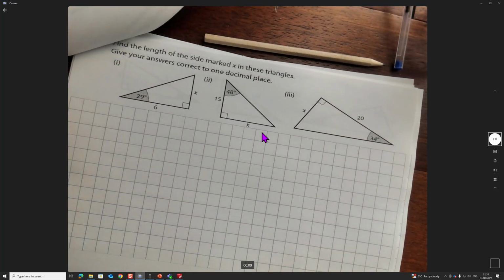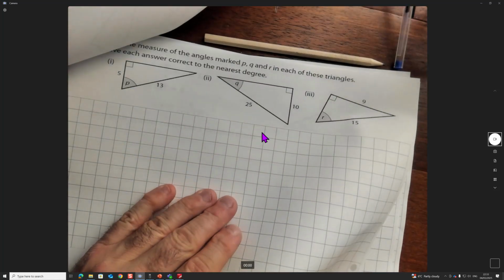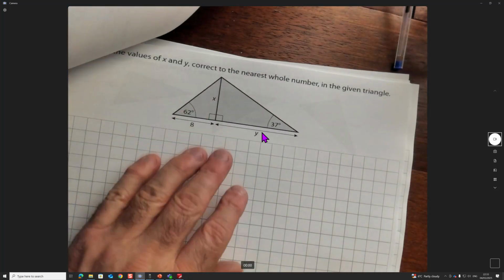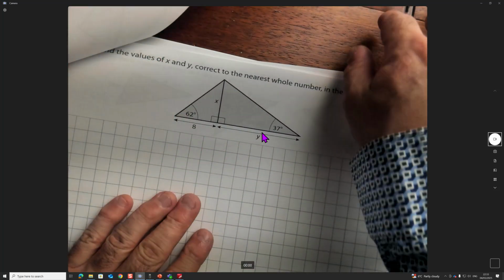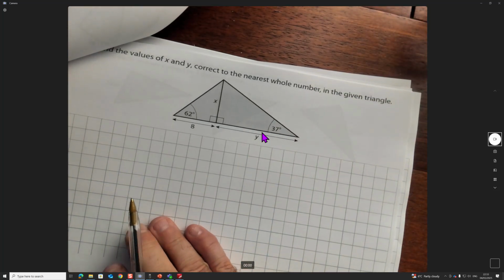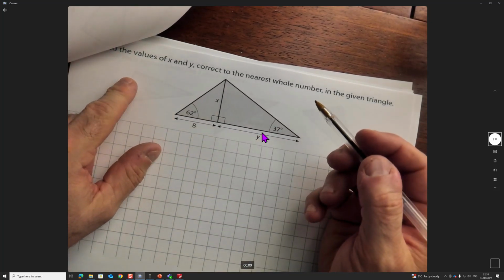I went and stapled over my numbers. Well, we'll recognize it when we get to it. We do it anyway. So, find the values of x and y.